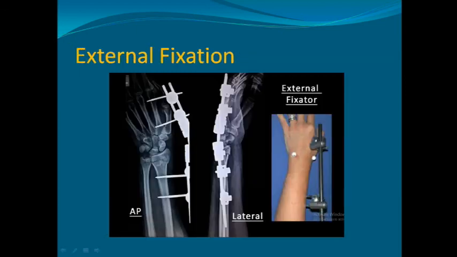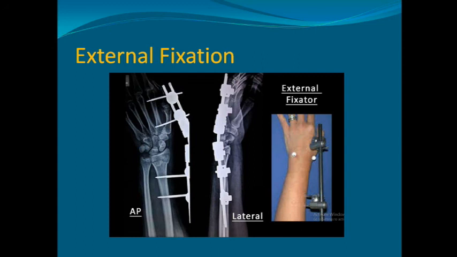External fixator, if there is a compound wound or there is collapse of fracture fragments, we need to distract it. We apply external fixator. There is a special type of external fixator. We call it JESS fixator, Jossy's external stabilizing system.